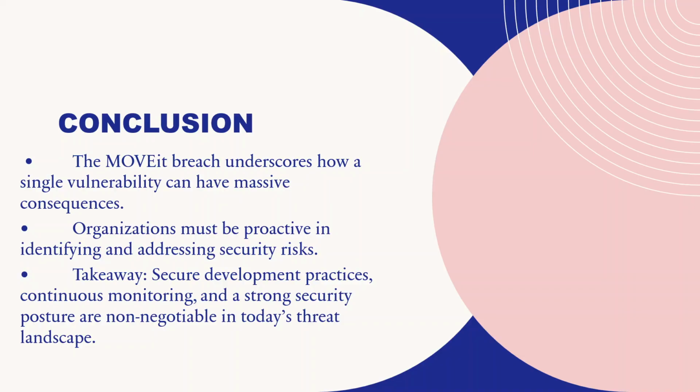The takeaways are that secure development practices, continuous monitoring, and a strong security posture are non-negotiable in today's threat landscape. So, as we have seen with SQL injection and LEMURLOOT, which I really had to research, it exploited the vulnerability in MOVEit software.